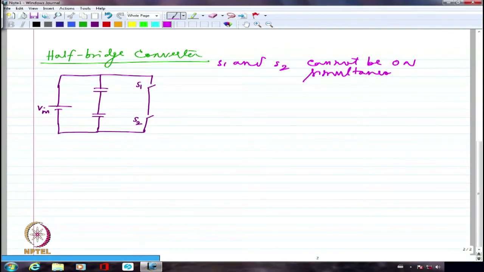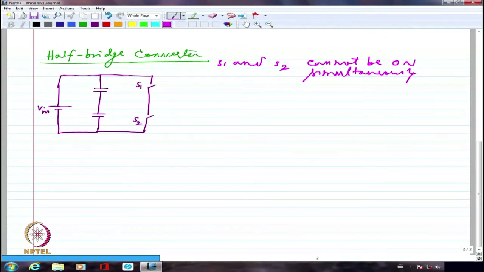So even if we assume that S1 is going to conduct for 50% of the duration and S2 is going to conduct for 50% of the duration, we have to necessarily give a small delay between S1 and S2, which we normally call the dead band. In the inverter, very often we may have a complete square wave output. When S1 conducts, maybe we'll get a positive voltage. When S2 conducts, it will be a negative voltage.